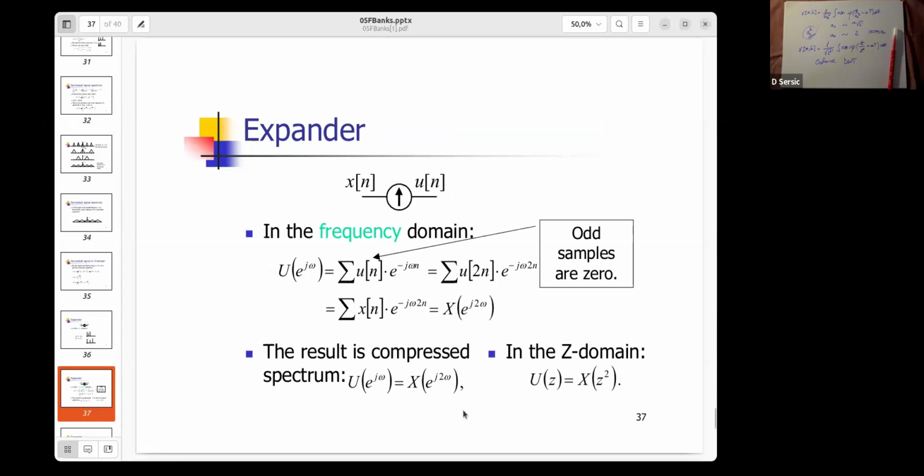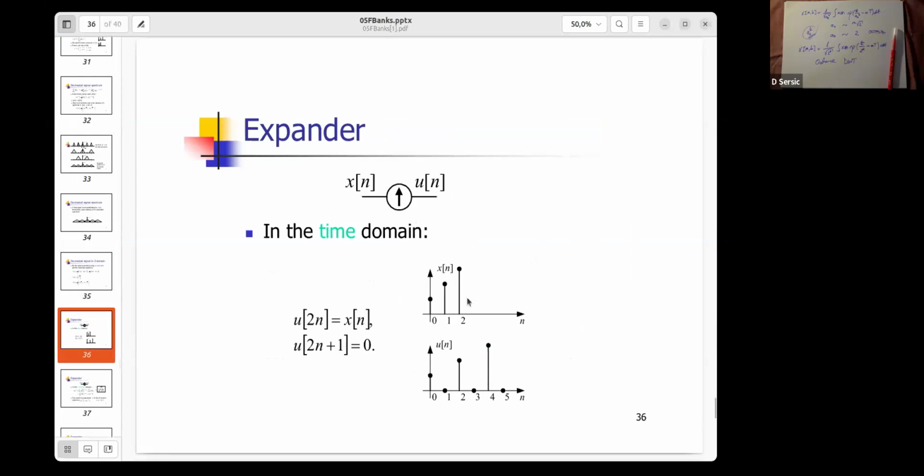What does it mean? If you have some x of n, you just add zeros in between each and every sample. And in the time domain, it looks like this. U equals x, but expanded.